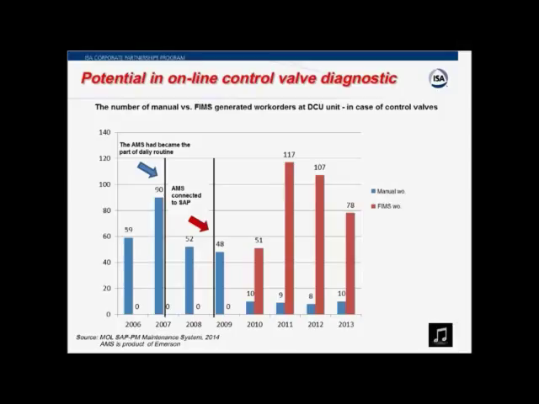These notifications are preventive actions, compared to the unit operators' entered mostly reactive type work notifications. Since 2010, the number of manually entered work orders is stagnating, which gives us positive feedback about the effective usage of the online control valve diagnostic system in this unit.